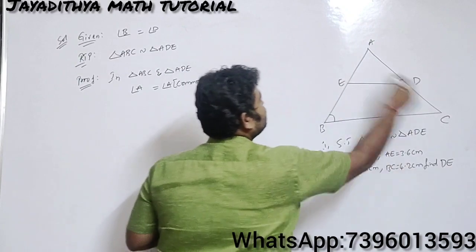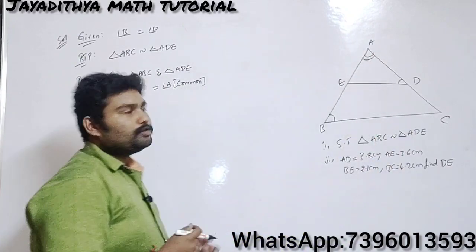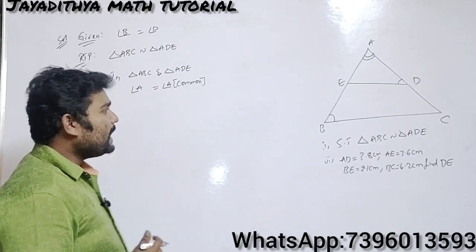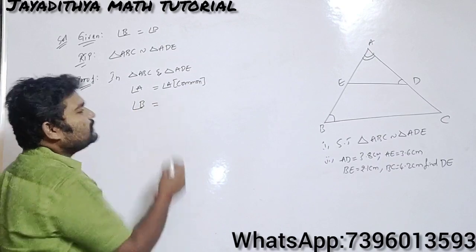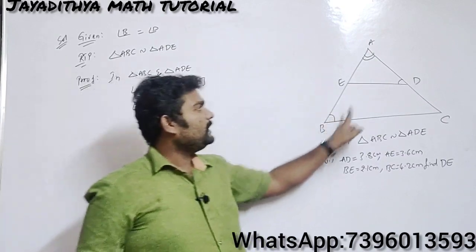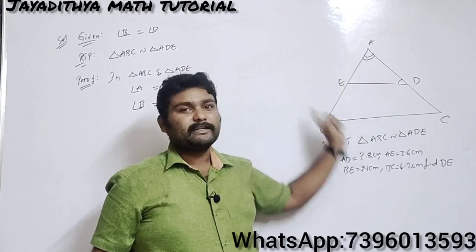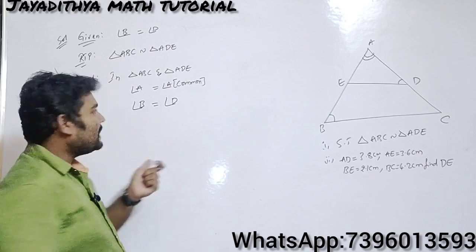And next, in triangle ABC, angle B is equal to angle D in triangle ADE. So here two angles are equal.